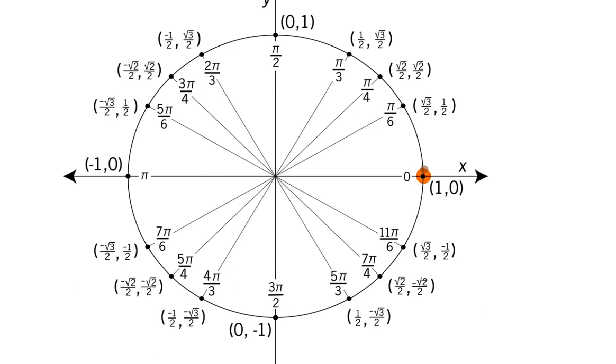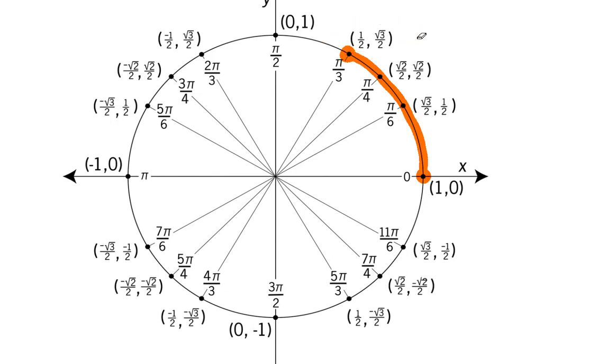And beginning there, we extended positively in a counterclockwise direction. So, for example, to find an arc of length pi over 3, we would extend from the right side, the point (1, 0), up counterclockwise until we stop at length pi over 3. And then there's a terminal point there with an x and a y coordinate.